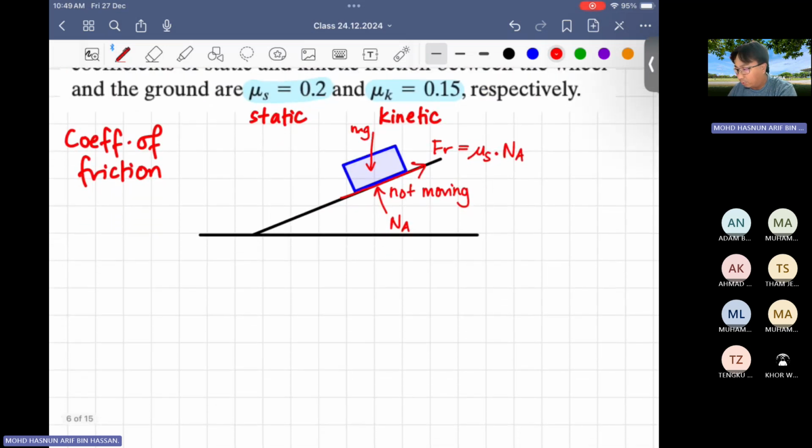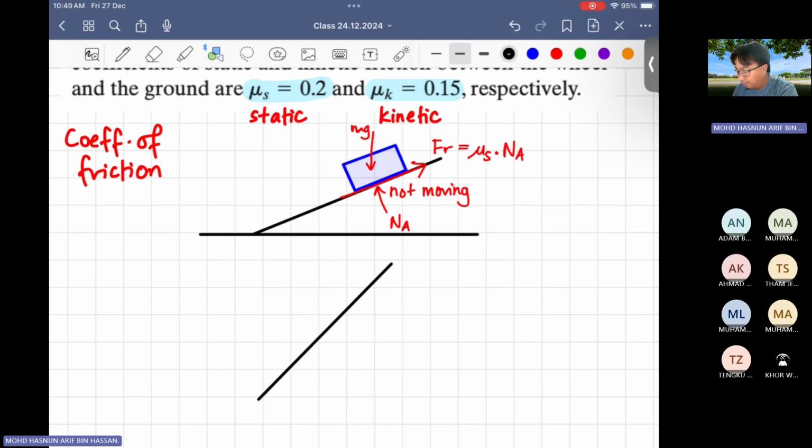Once you increase, let's say, the slope angle, maybe like this, now we have an angle like this, and you have the same box. When the weight of the box has overcome the friction force, then the box will start to move downwards. While the box is moving downwards, there is still friction force, still acting in this direction.